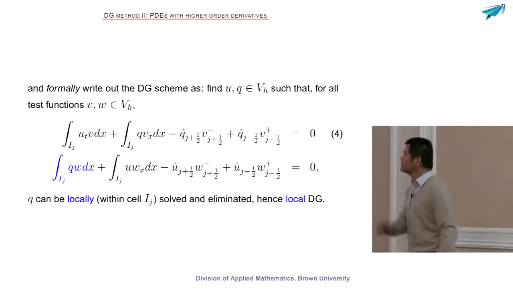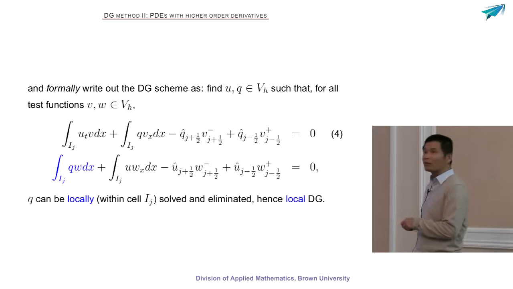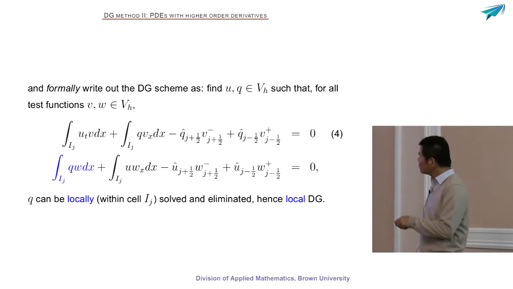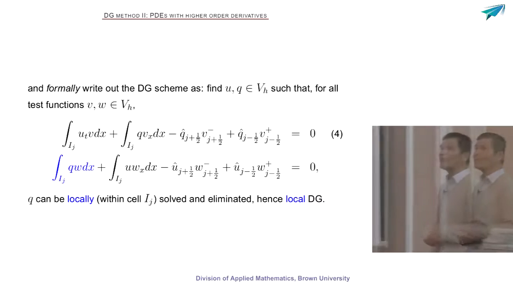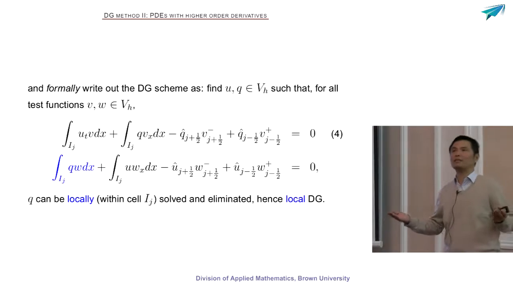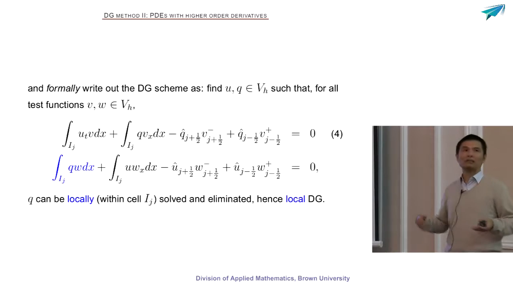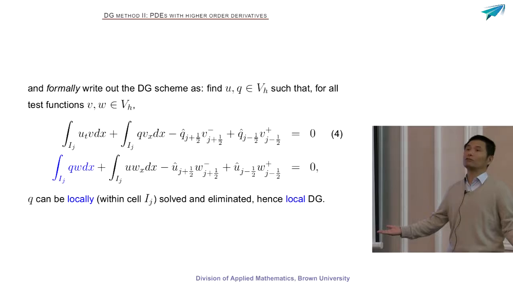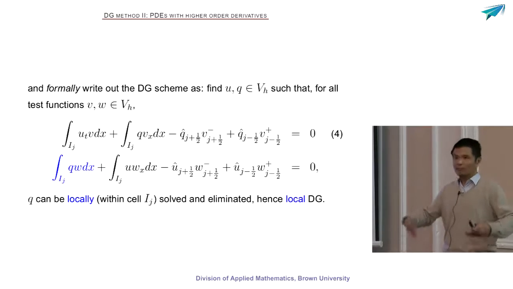Let me mention what the word local means. Why is it called local DG? If you look at the second equation, suppose we are using an explicit time stepping to discretize this scheme, then at time level n, we have a numerical solution U, which is a piecewise polynomial.